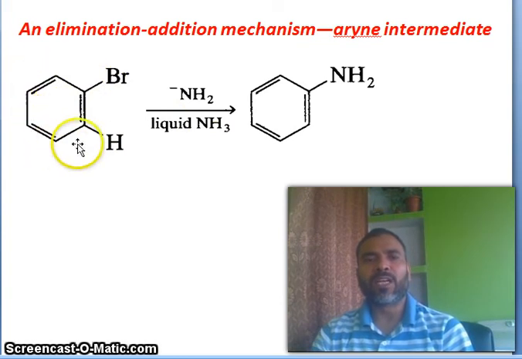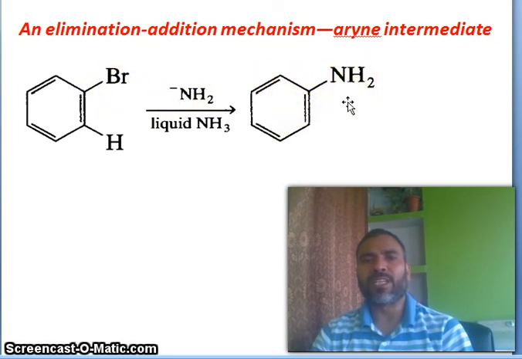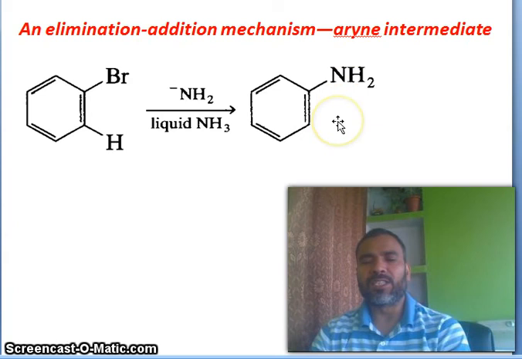How do people know this type of reaction is an elimination addition mechanism? Through the benzyne intermediate. This structure is simple bromobenzene. It undergoes reaction in liquid ammonia, and here is the NH2 group. It looks like a substitution reaction, but actually both elimination and addition happen, through an arine intermediate.